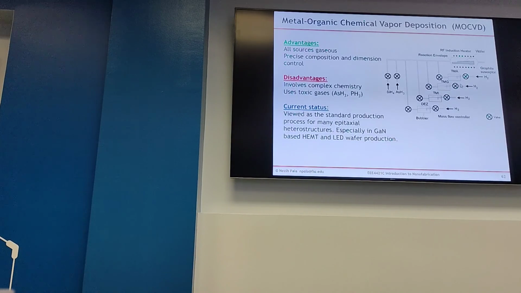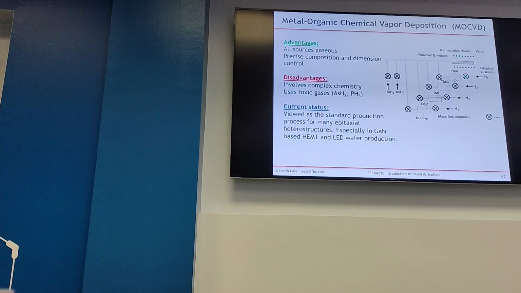The gases, so there are carrier gases. This is how it works. Typically hydrogen H2. It goes through bubbling chambers here. So those bubblers attract whatever you want to deposit. This TMA means trimethyl aluminum, trimethyl gallium, trimethyl indium.